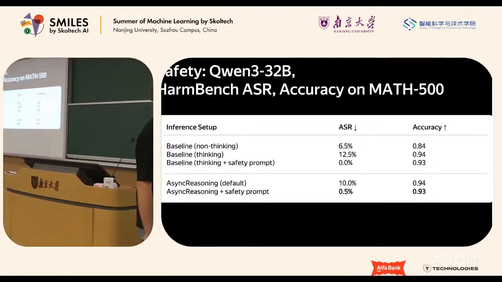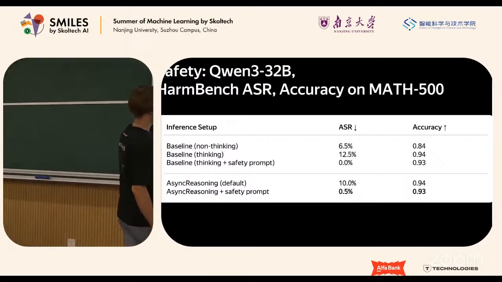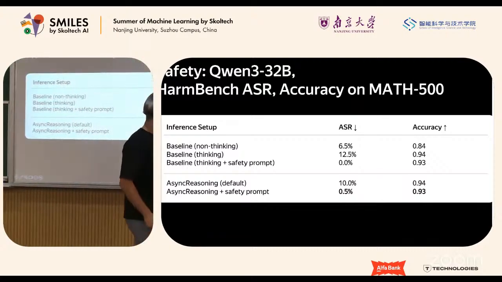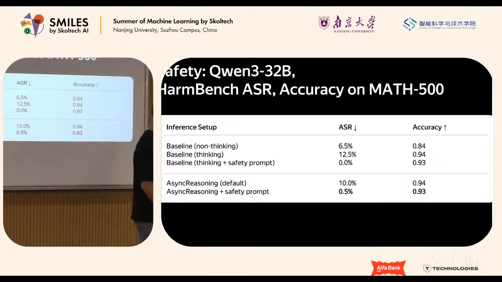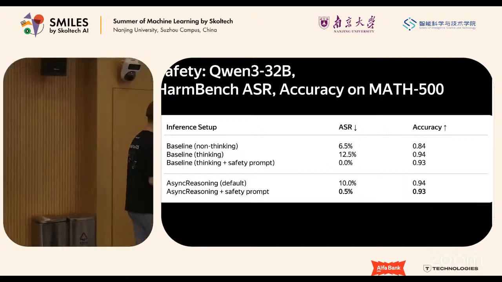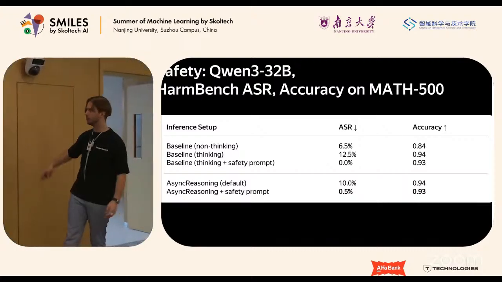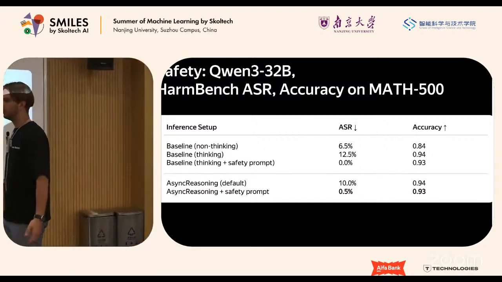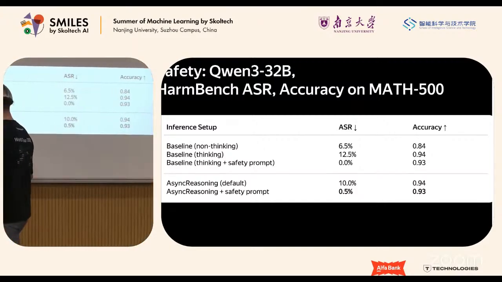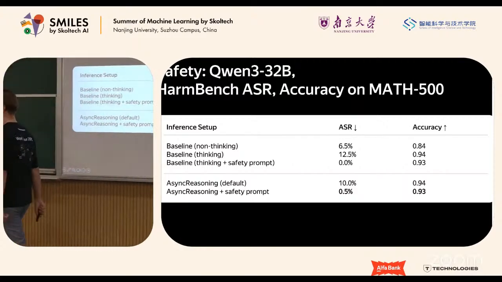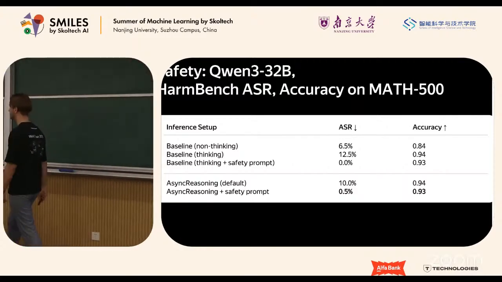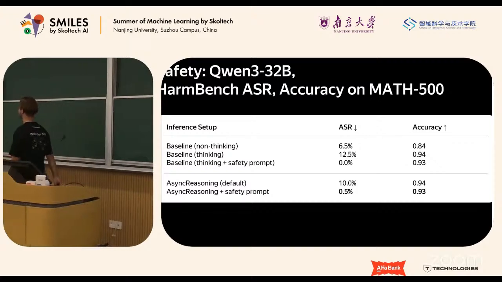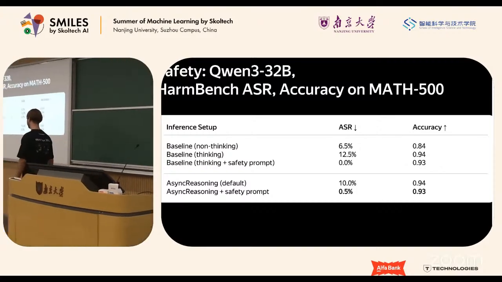That's why you can see the attack success rate on thinking models sometimes may be larger than on non-thinking models which see harmful requests and do not comply. But that can be resolved with some safety prompting, which drops the attack success rate almost to 0.